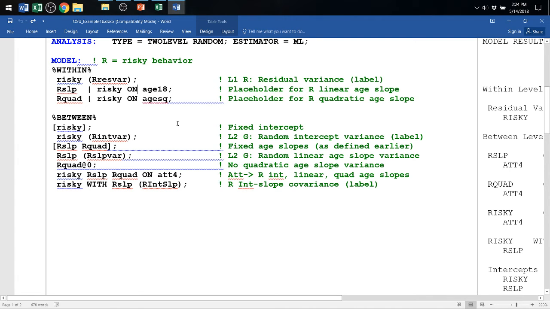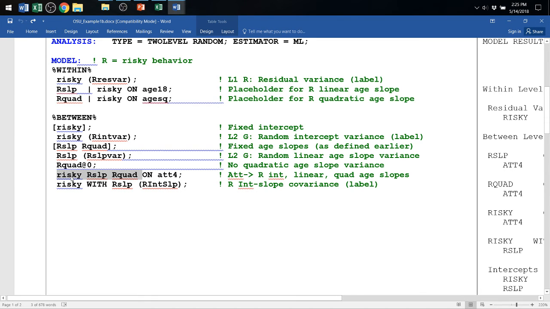So if we count up all the parameters that are being estimated, there's only one that's being estimated in the within model, and that's this risky residual variance at level 1. At level 2, we have 6 fixed effects: fixed intercept for risky, fixed linear slope, fixed quadratic slope, and then attitudes predicting each of those 3 things.